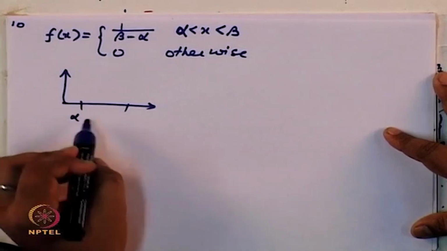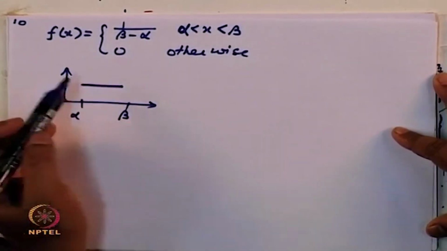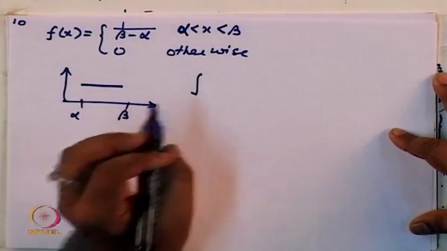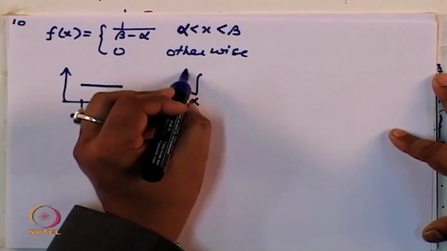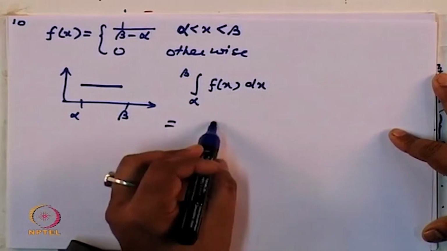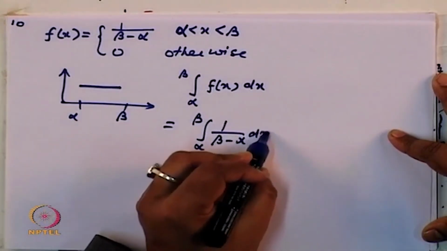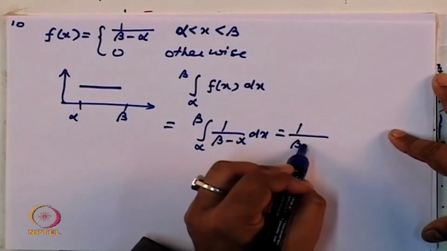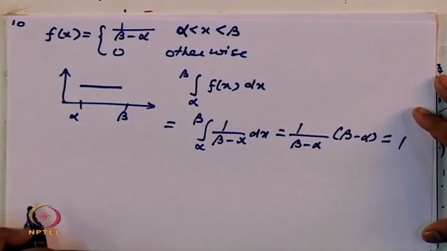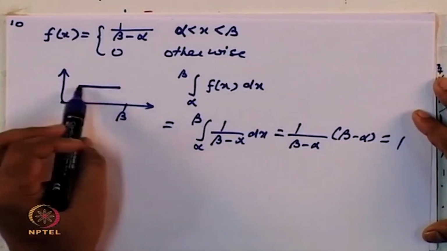Alpha is here and this is beta; between them the probability is uniform, and you can understand why it has to be 1 by beta minus alpha. Why? Because the integration of f(x) dx from alpha to beta is nothing but the integral from alpha to beta of a constant, which has to be equal to 1. So, for a uniform distribution, you have a constant probability.